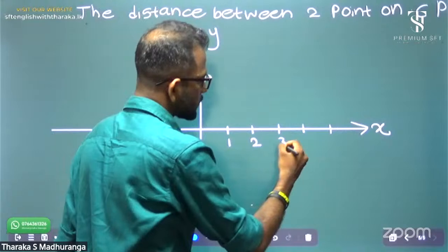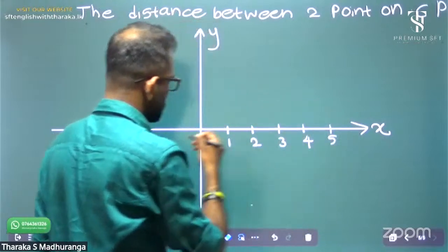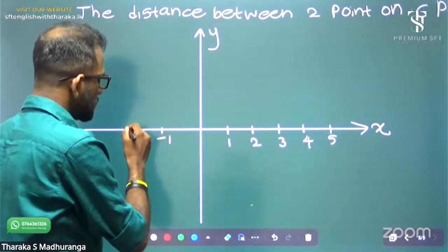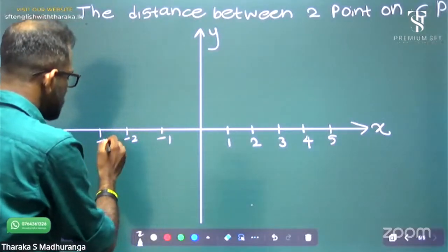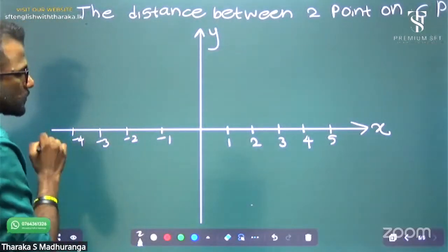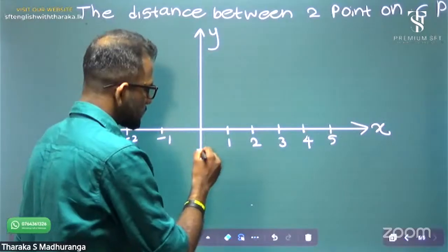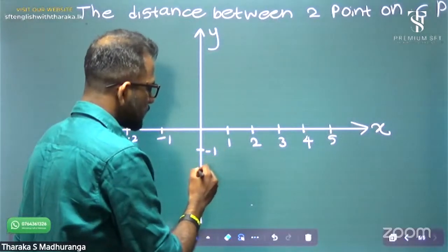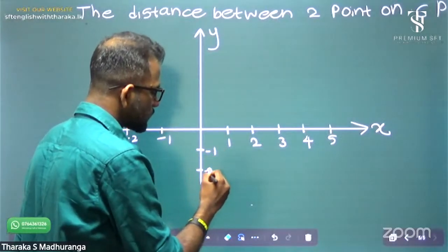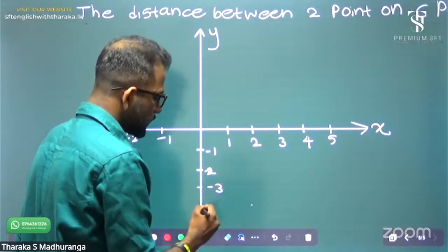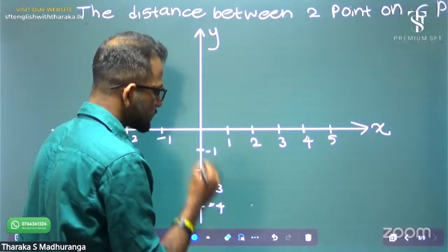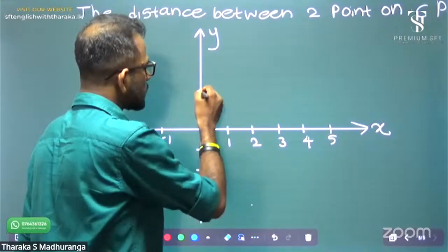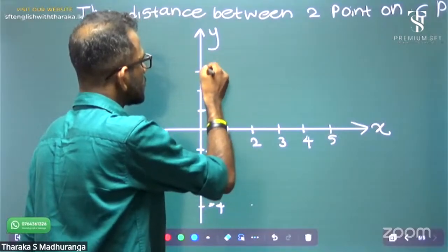One, two, three, four, five. -1, -2, -3, -4. -1, -2, -3, -4. 1, 2, 3, 4.